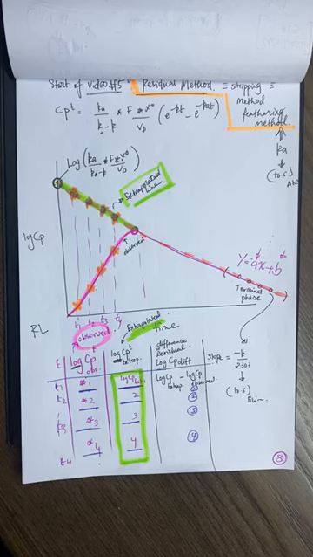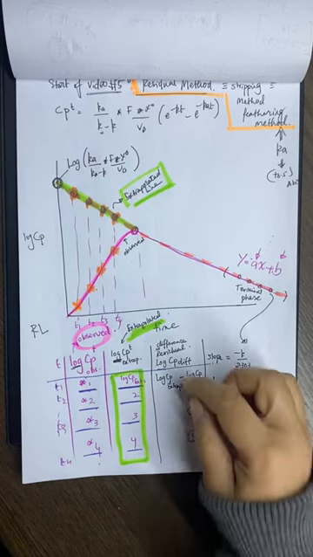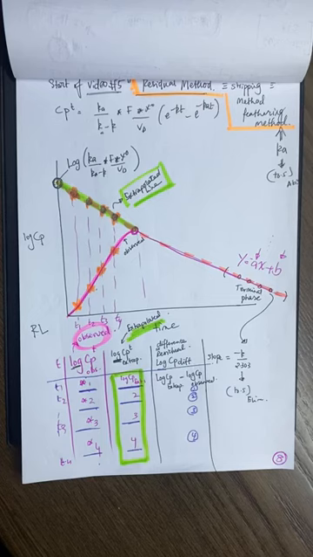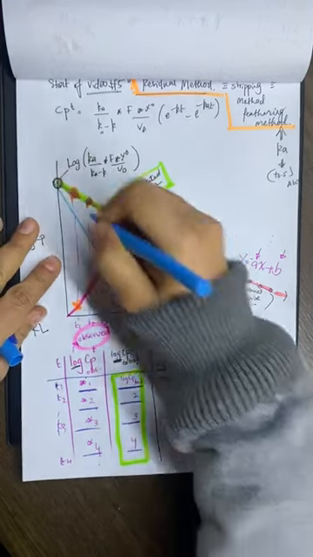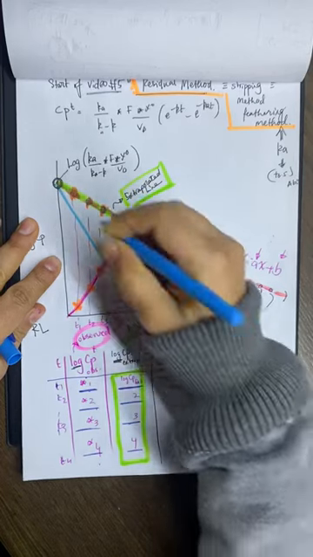CB differences or CB residuals. And then after that, we will draw it, okay?